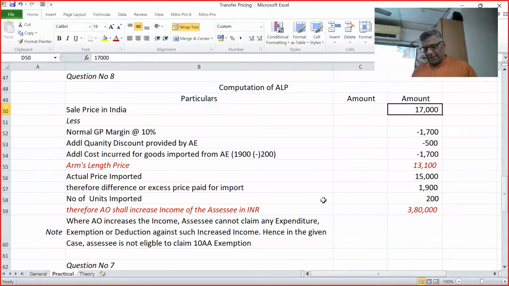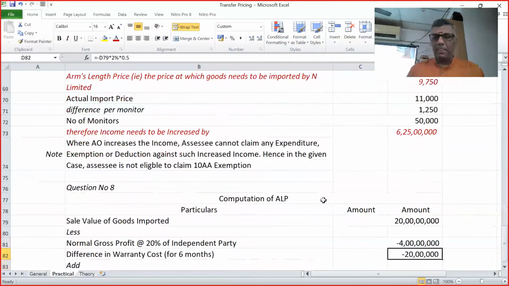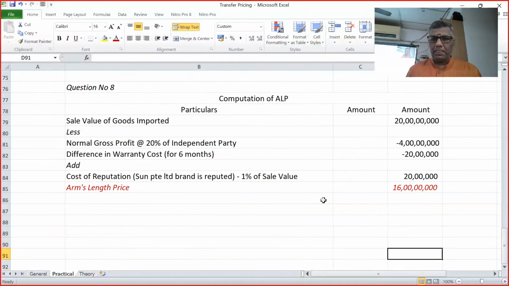Anasudha, if you take it like this, you will get the answer. If you do that from 15 crores, you will only get the import cost of the other party. I want the import cost of my associated enterprise.